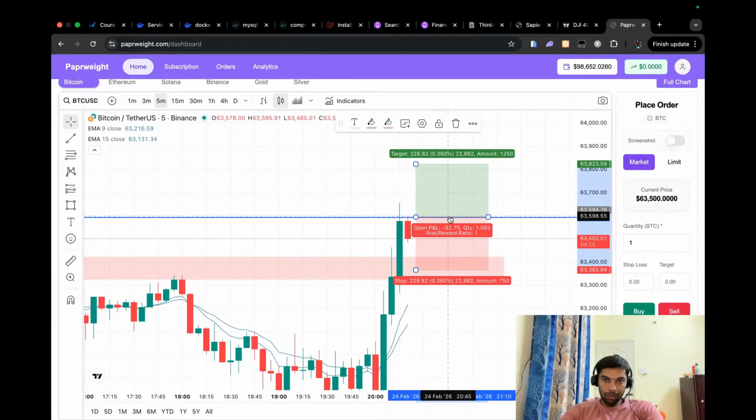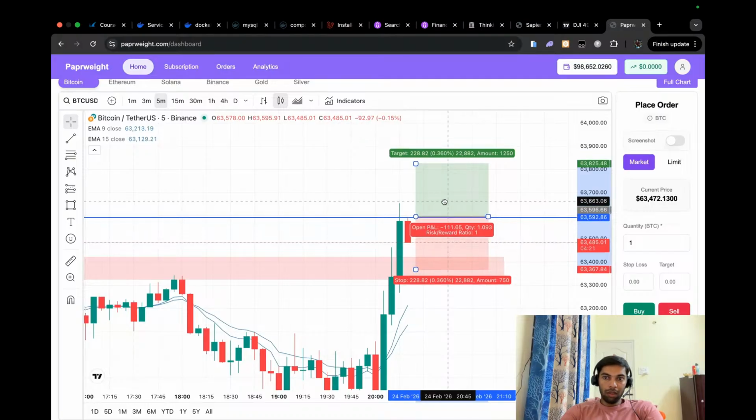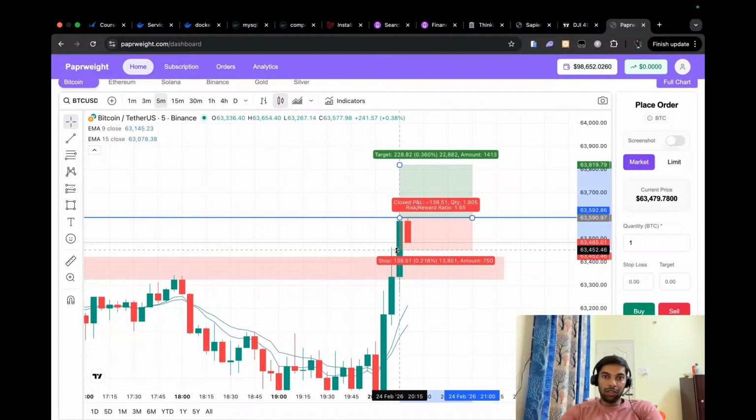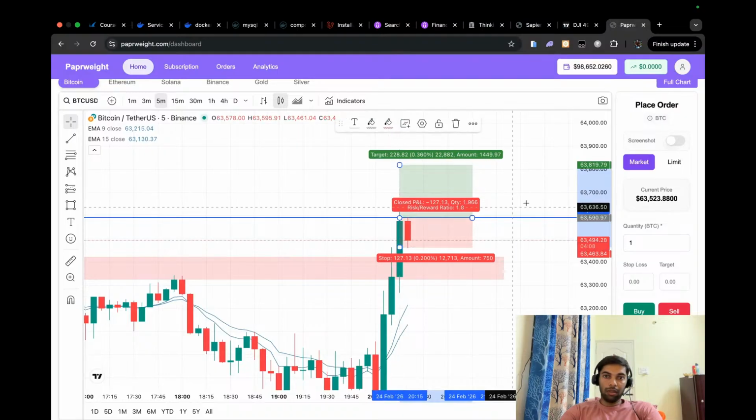This is 63594, and my stop loss is half of this candle. So I would be interested to take a stop loss of $128 or something.